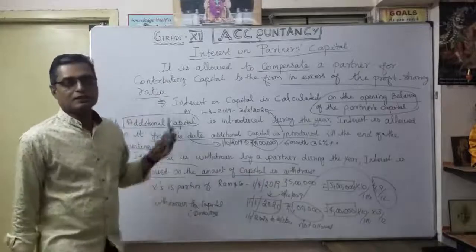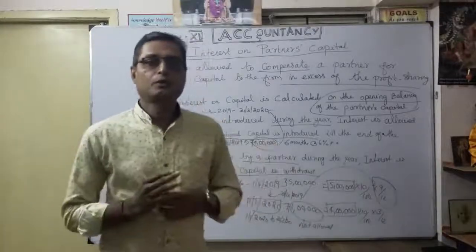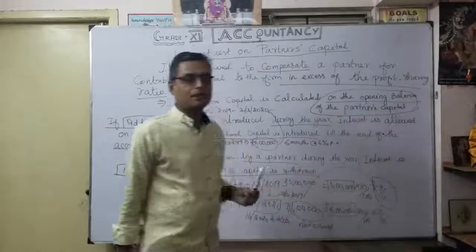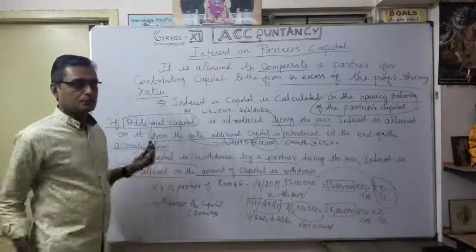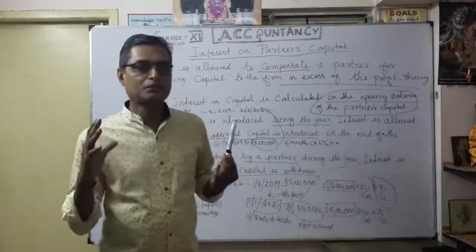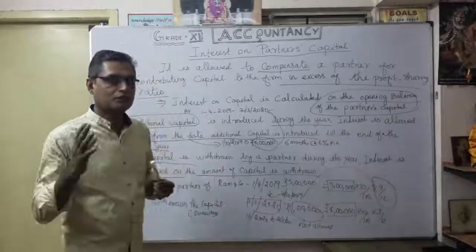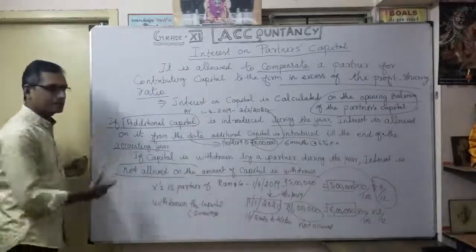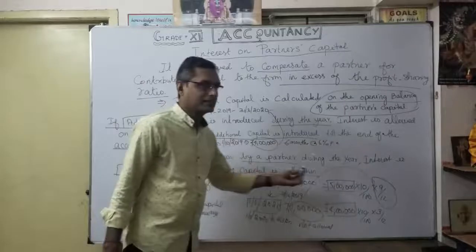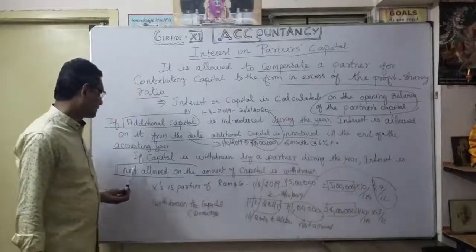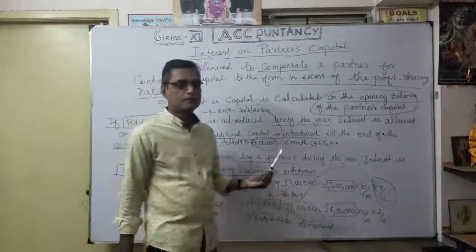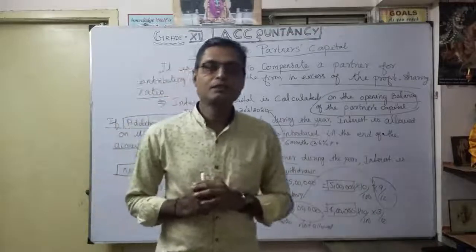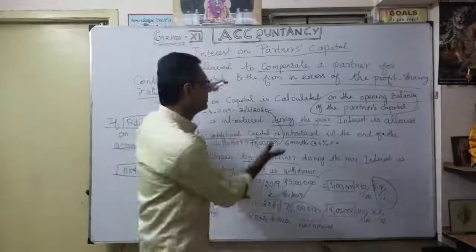Repeat once again: interest on capital is always calculated on the opening balance of the partner's capital, plus any additional capital for the period till the end of the accounting year, only that portion. Third thing, any withdrawal during the year, be very careful: the particular withdrawal amount is not allowed in the interest on capital calculation. That's our basic information.